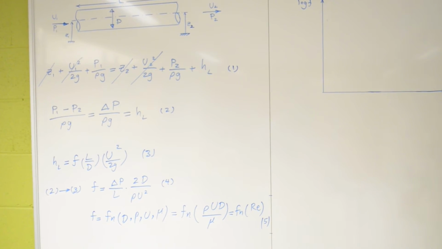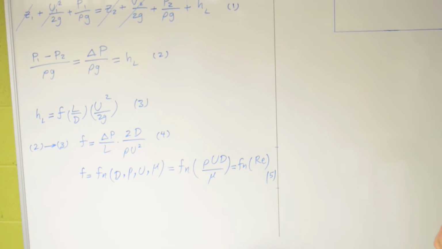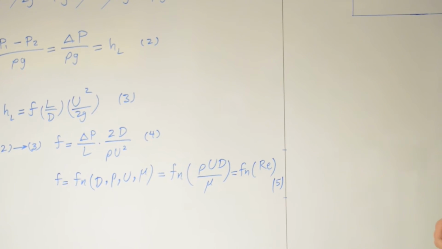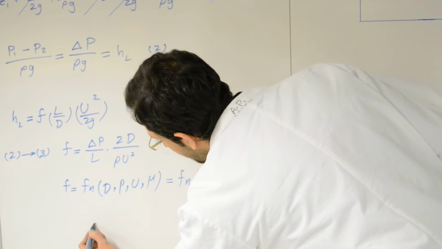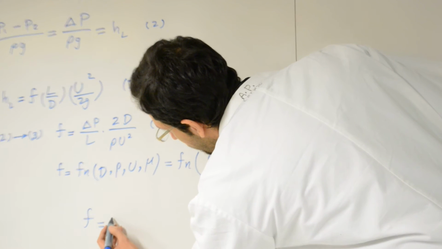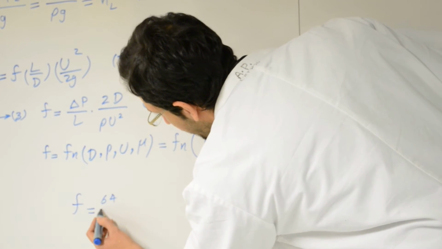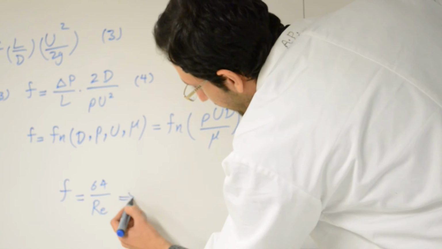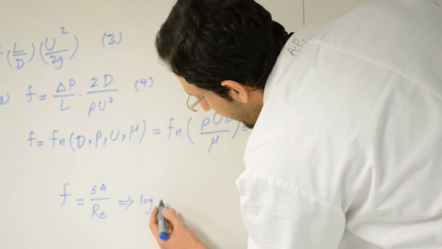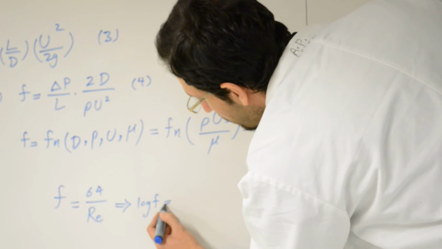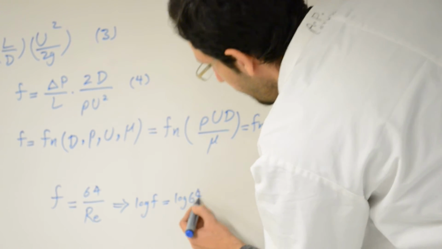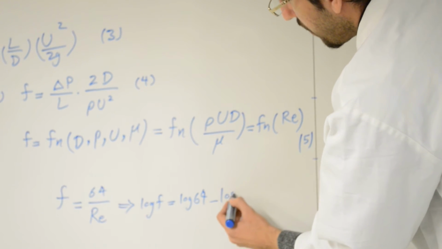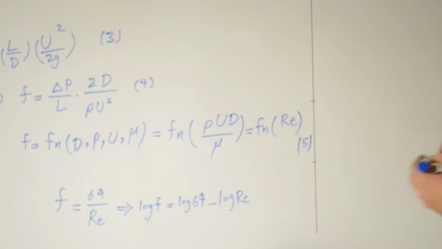We know the exact relation between friction factor and Reynolds number in the laminar region, and that relation is f equals 64 over Reynolds number. And if I take the logarithm of both sides, I have log of f is equal to log of 64 minus log of Reynolds number.